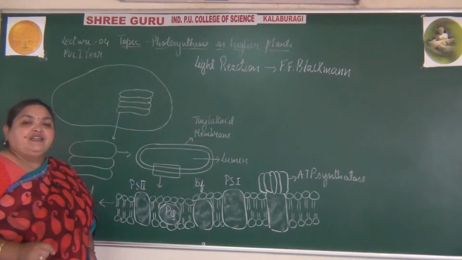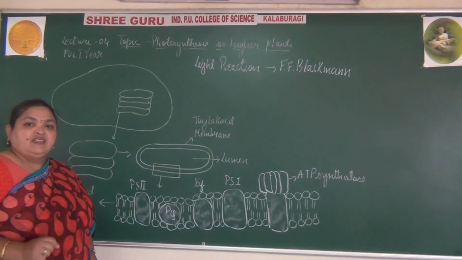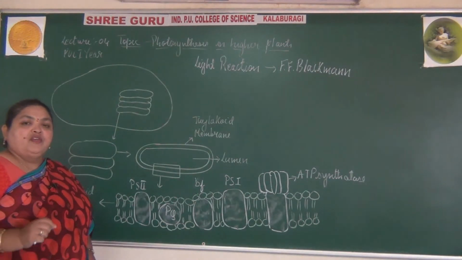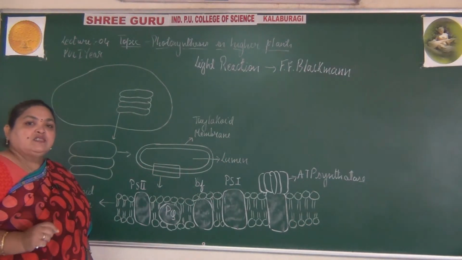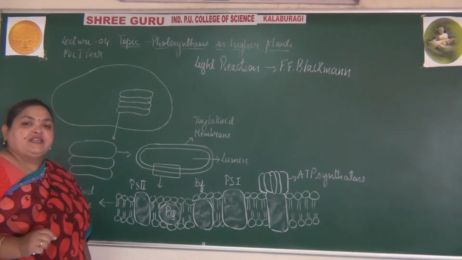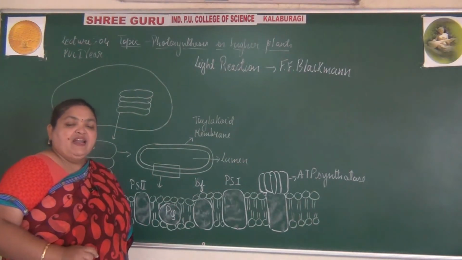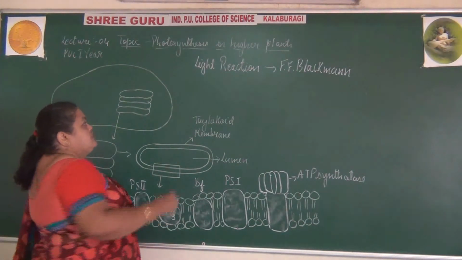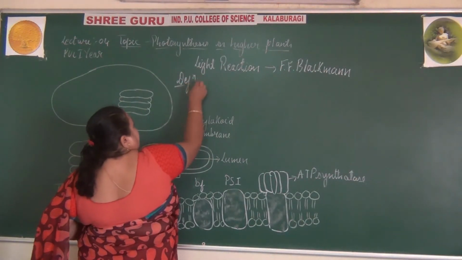It is a light dependent reaction occurring in the grana of the chloroplast, where synthesis of two assimilatory powers occurs, that is ATP and NADPH. So what is the definition of light reaction?